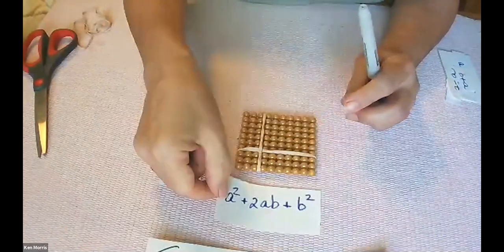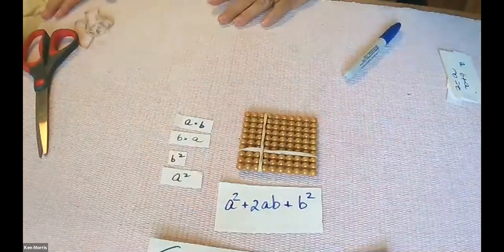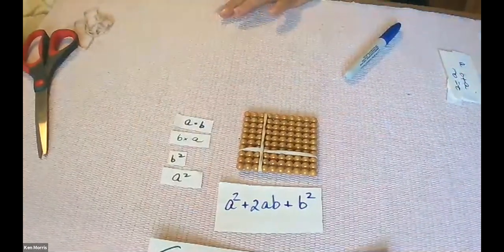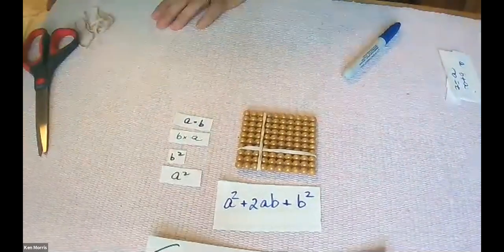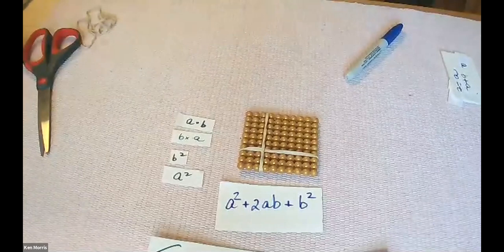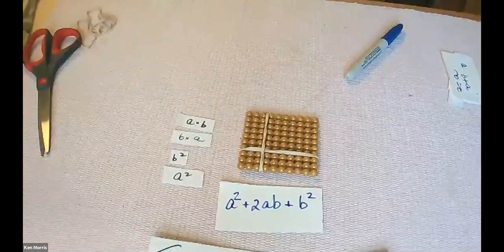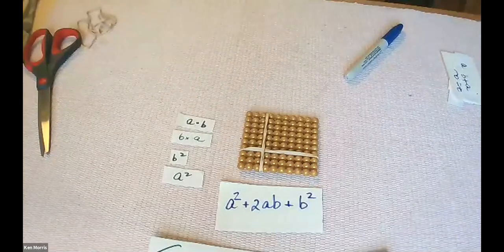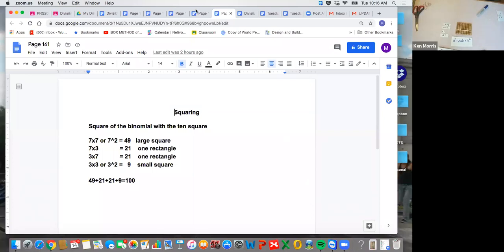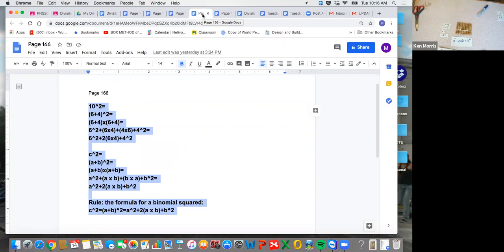All right, so let me show you now. I'm going to share my screen with you and just show you all this written on my screen so that you can see it more clearly. Let's see.